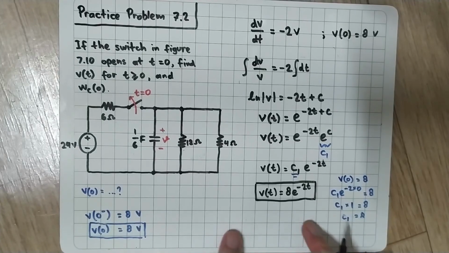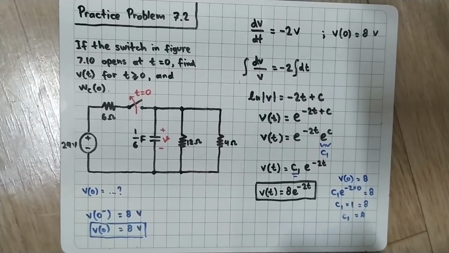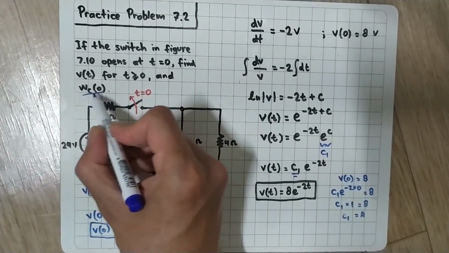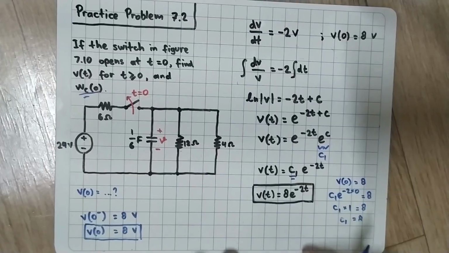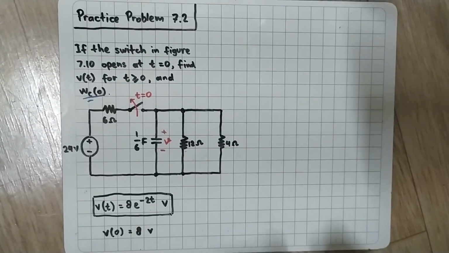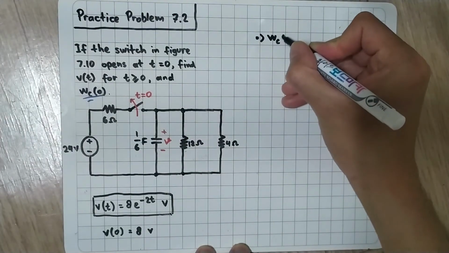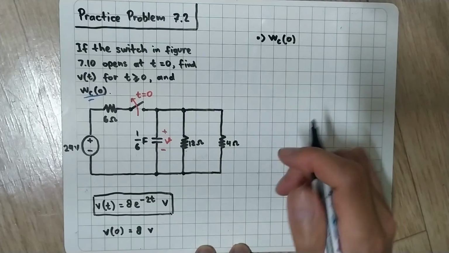Okay, so we still need to find the energy. The energy at time equal to 0, but we need to save this first. Okay, now lastly we need to find out the energy at time equal to 0.